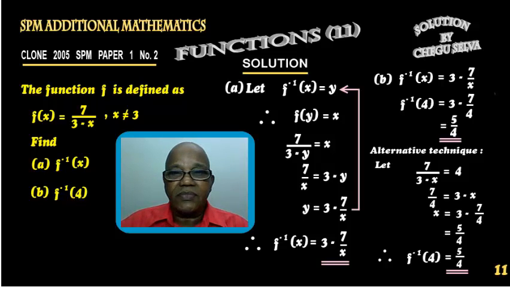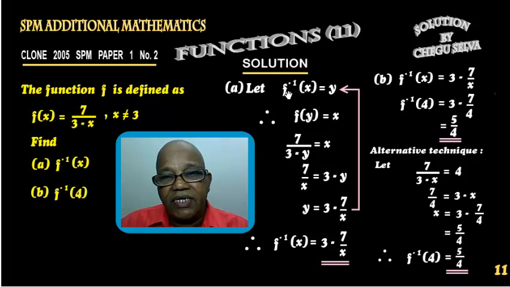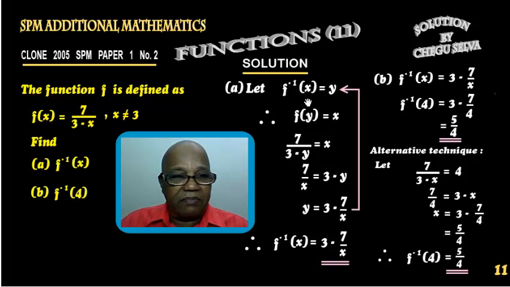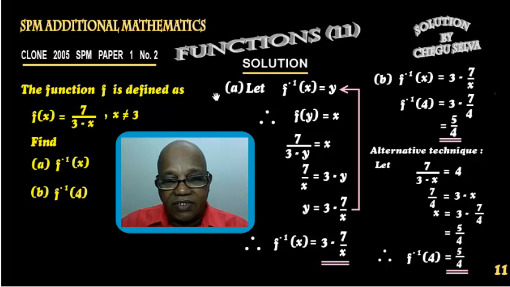The solution, part A. Let the inverse function of f(x) be y. Now remember the steps which I have explained to you earlier, the technique to find the inverse. This is the first step, this is the second step. Let this be equal to y, f(y) equals x.